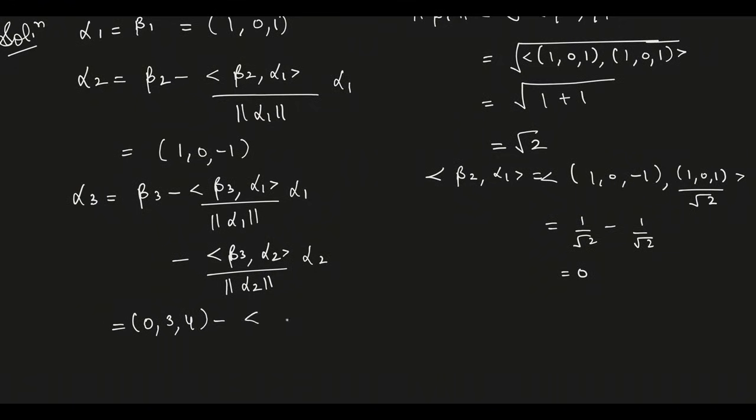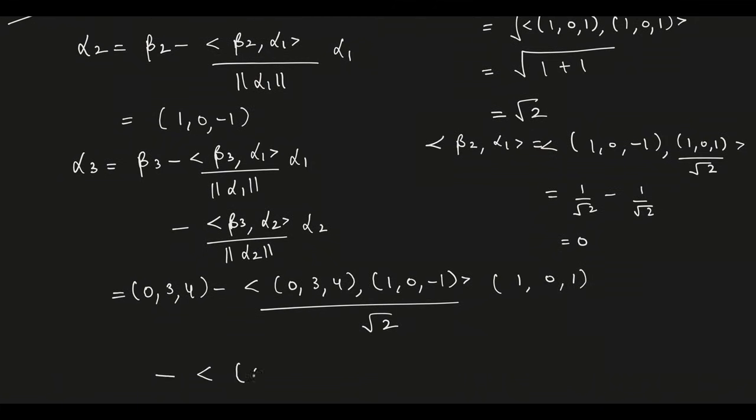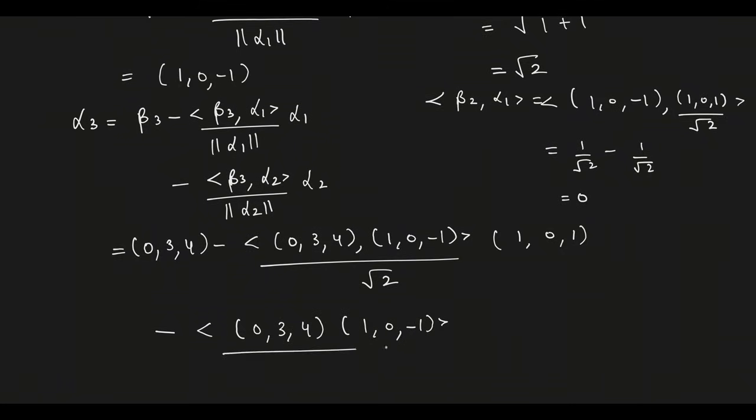Minus inner product of beta 3, 0 3 4, with alpha 1, 1 0 minus 1, divided by norm of alpha 1, it is root 2, into 1 0 1, minus inner product of beta 3 with alpha 2 divided by norm of alpha 2, it is again root 2.